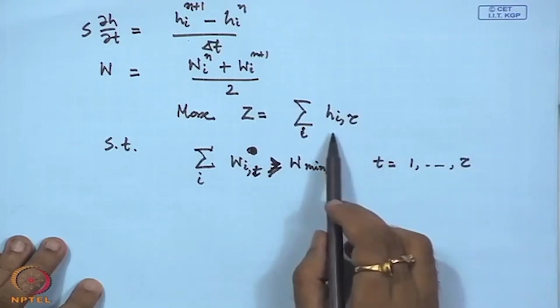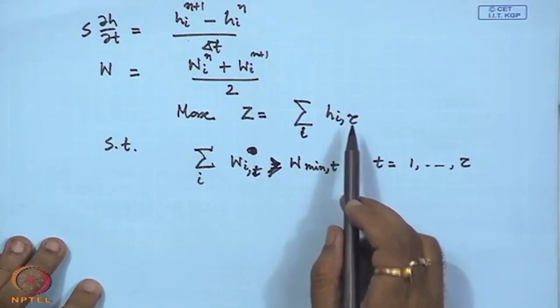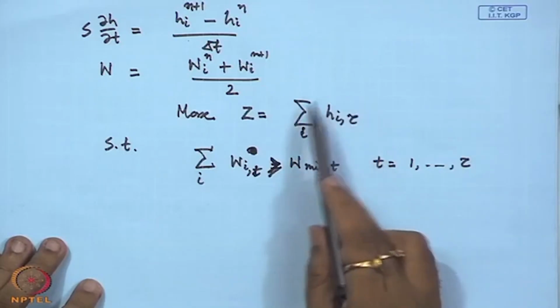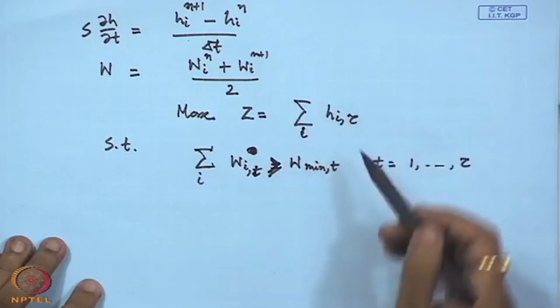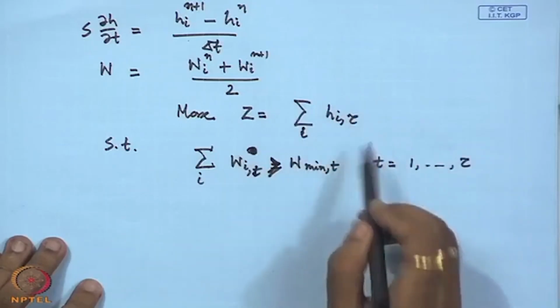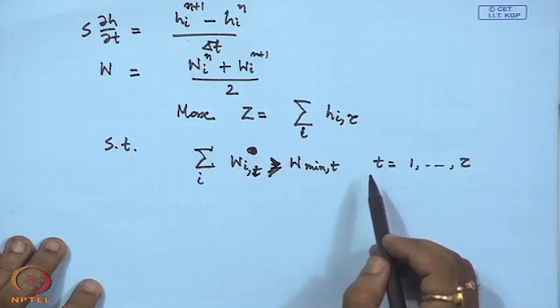So, at the last time step, our head values should be maximum, or we should maximize our head values at the last time step.